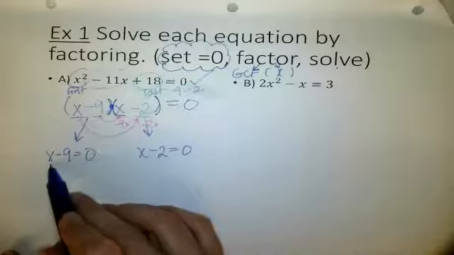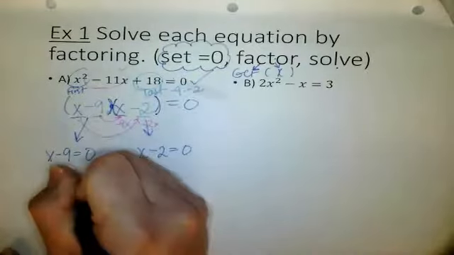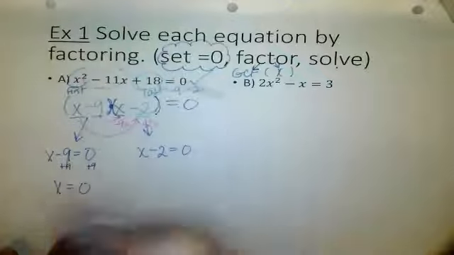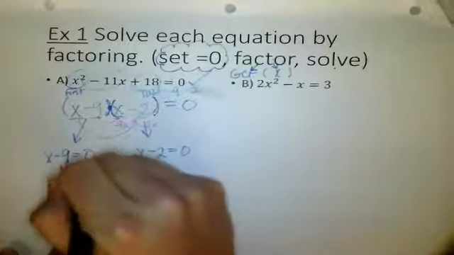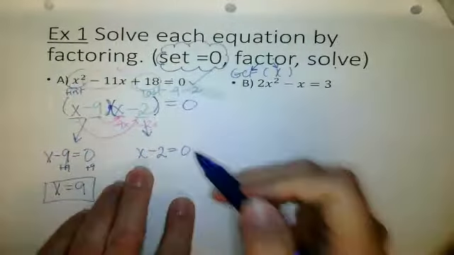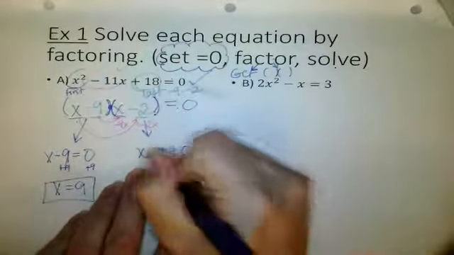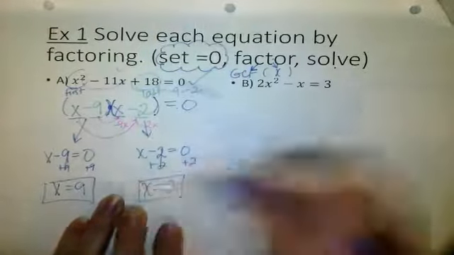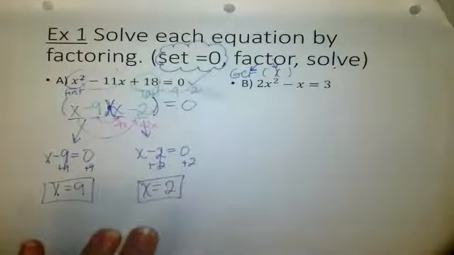How do I get x by itself? Add 9. So 0 plus 9 is 9. So x equals 9. There's one answer. And here, how do we get x by itself? Add 2. So we get x equals 2. 2 answers.